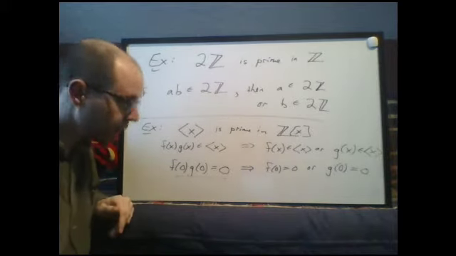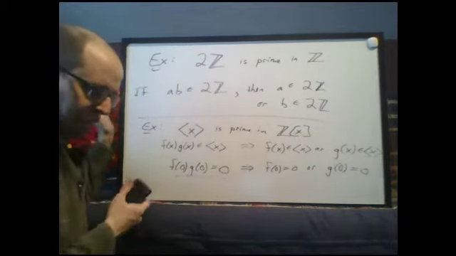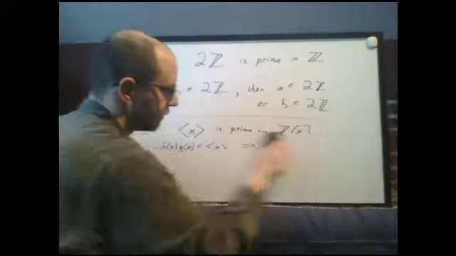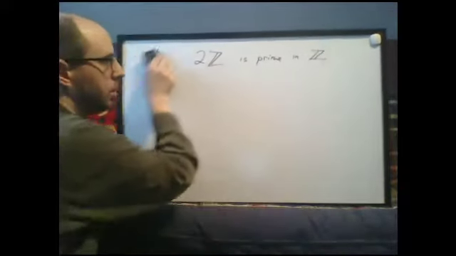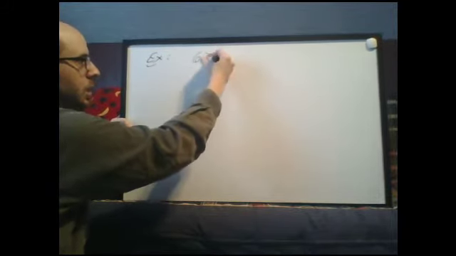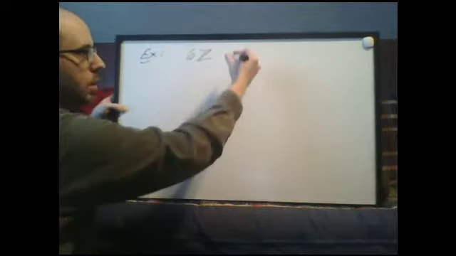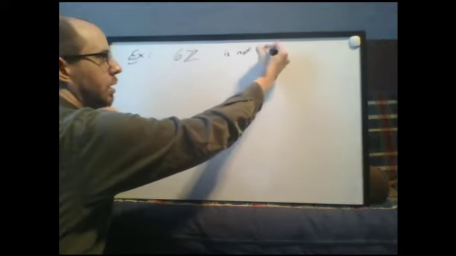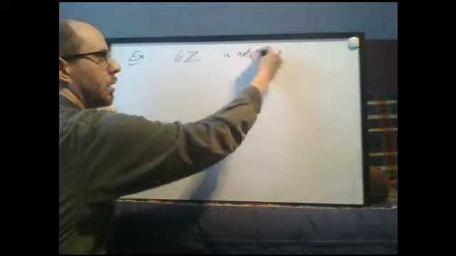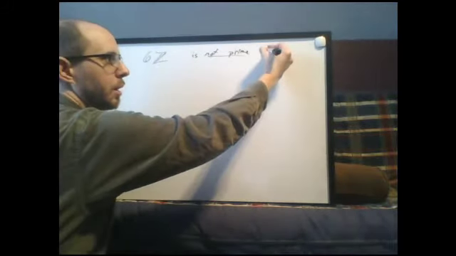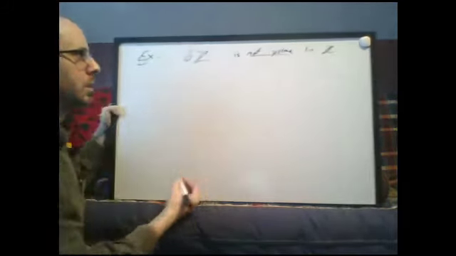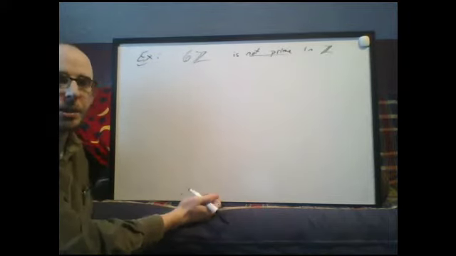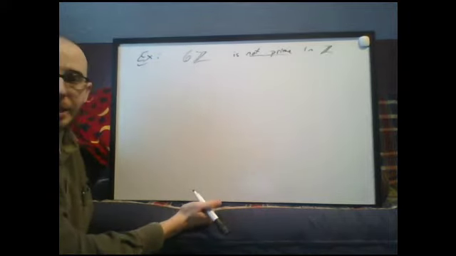Okay, so that's prime. Let's look at an easy example that's not prime. Let's do two examples that aren't prime. What if I have 6Z? 6Z is not a prime ideal in Z. It is an ideal, the ideal generated by 6.